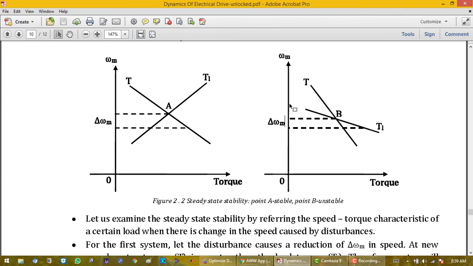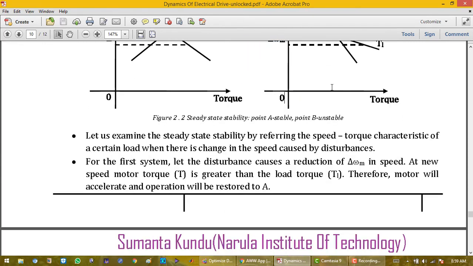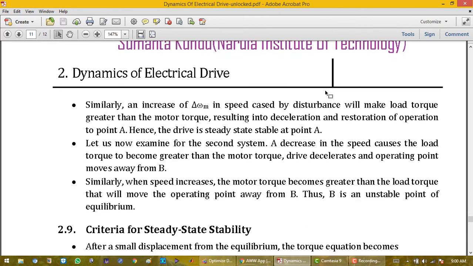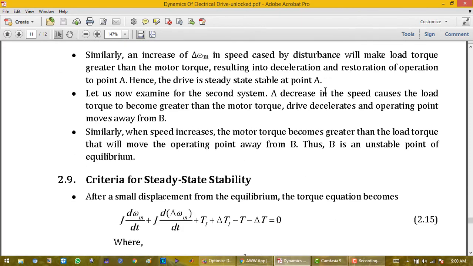So again it will go further away from B. So B is not a stable operating point. Similarly, when speed increases, motor torque becomes greater than load torque. So B is an unstable point of equilibrium.